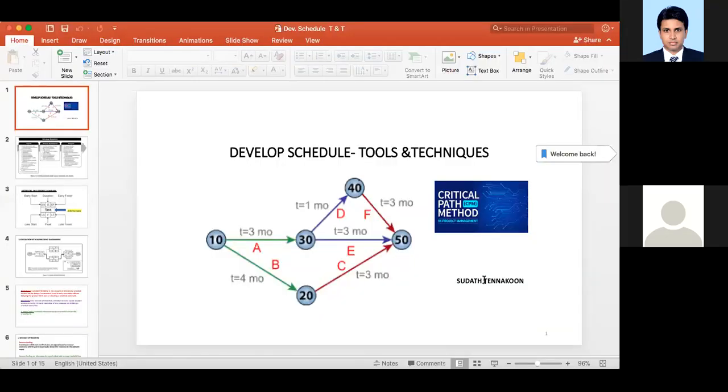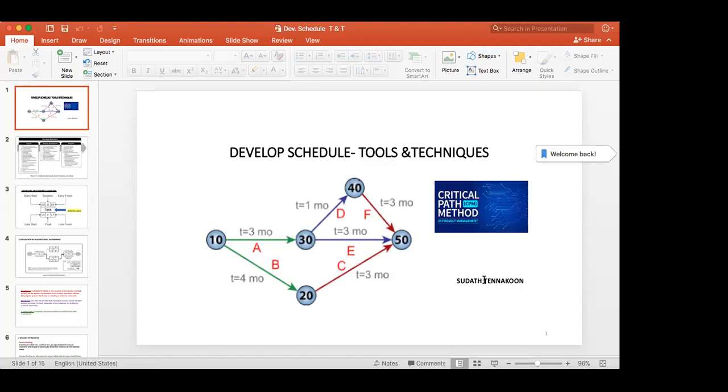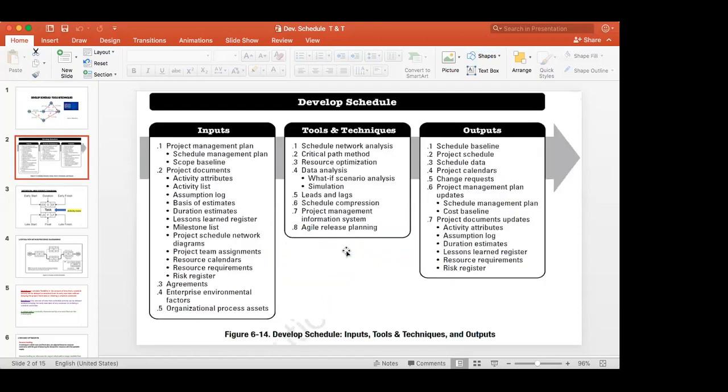This is the one we are going to take up today: the develop schedule, tools and techniques. I will just explain the basics of this. Now we have come across all these defined activities.